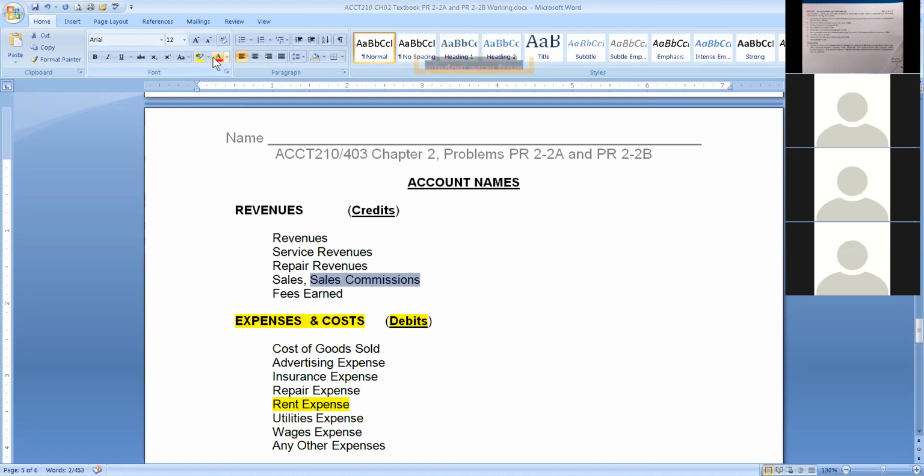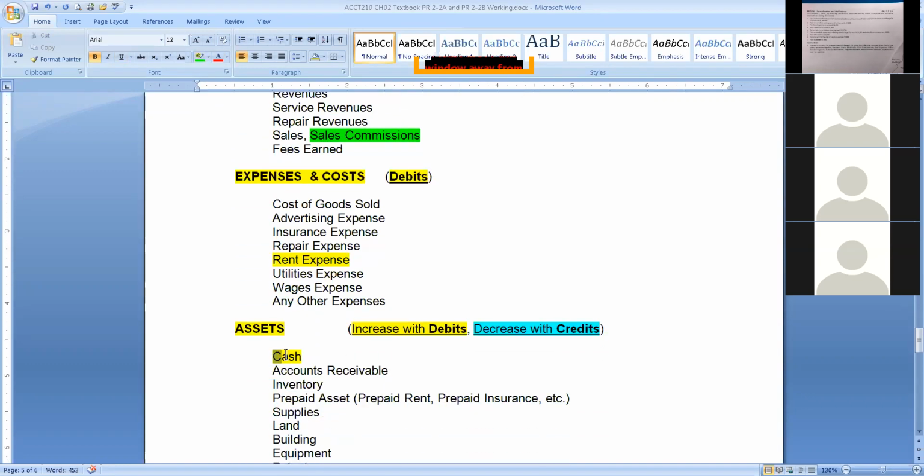And revenues are always credits. And just for kicks, cash is increasing, so it'll be a debit.